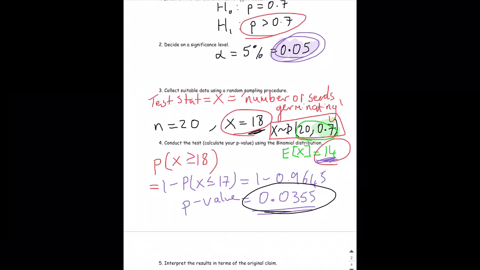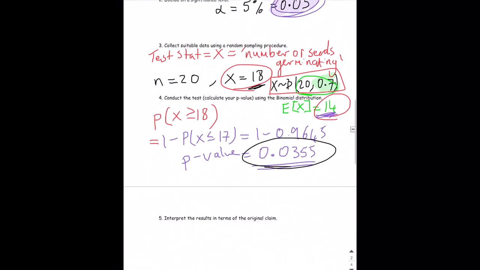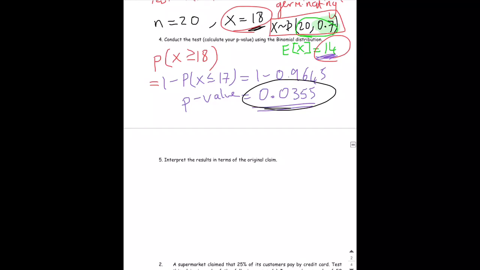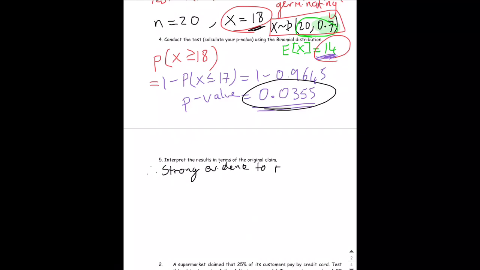It is highly unlikely for this to be regular compost if 18 or more of these seeds germinate. So therefore, we have enough evidence, so I would say that there is strong evidence to reject the null hypothesis, which is the original compost, that the proportion of seeds that germinate is 70%.